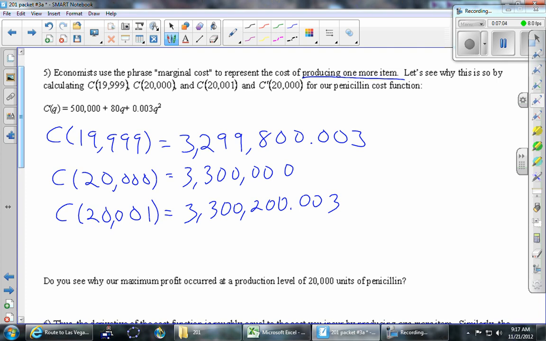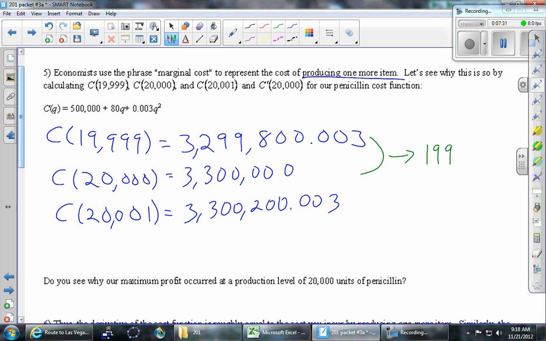Okay, so what's going on here? How much did it cost us to produce the 20,000th unit? These are total cost functions. So what do we do with these numbers? We subtract them. And when you subtract them, what do you get for producing the 20,000th unit? It's very close to 200. Is it a little more or a little less than 200? It's a little less than 200.